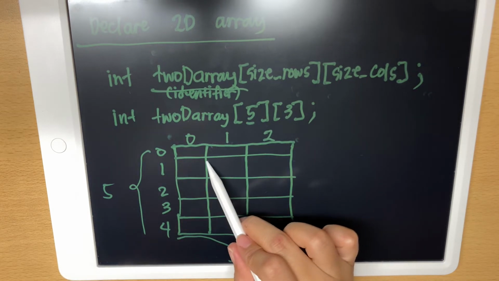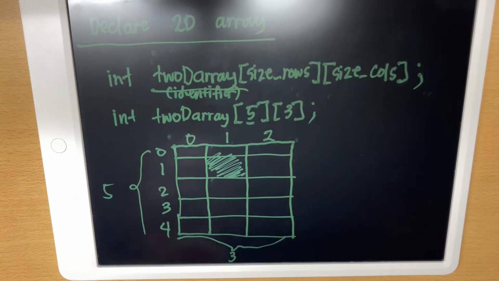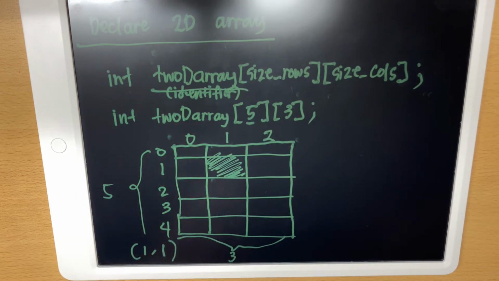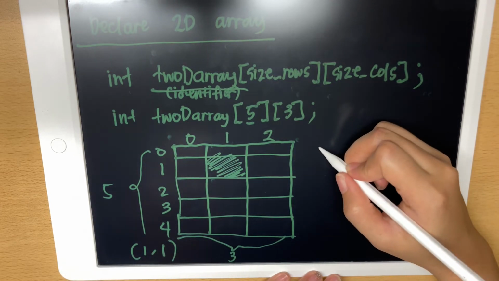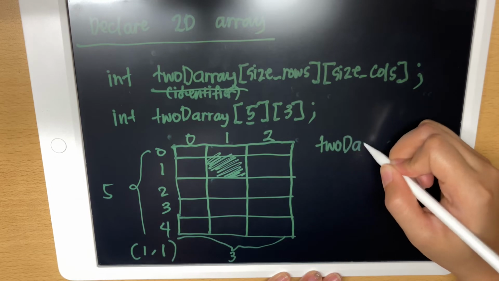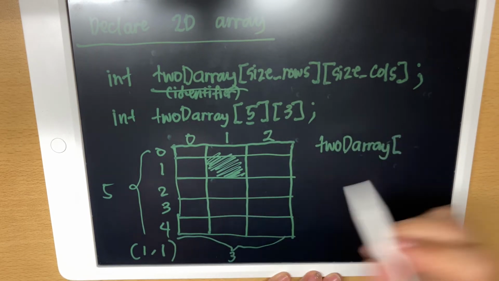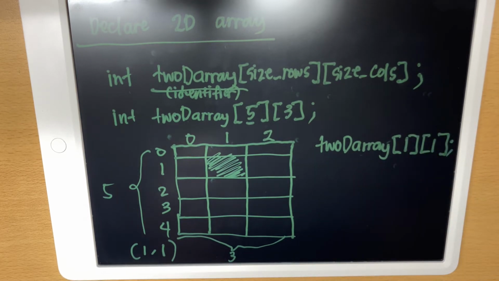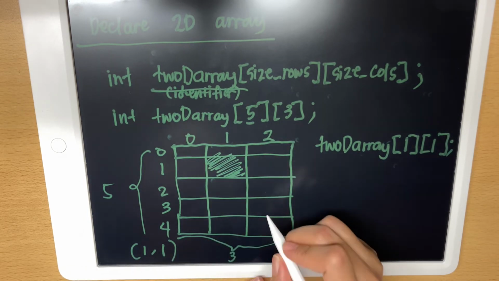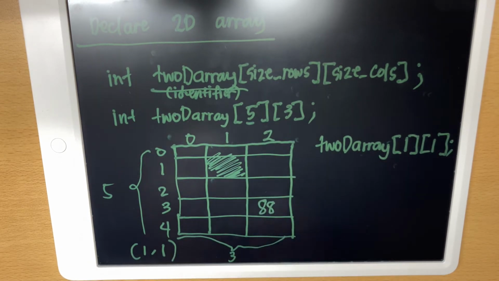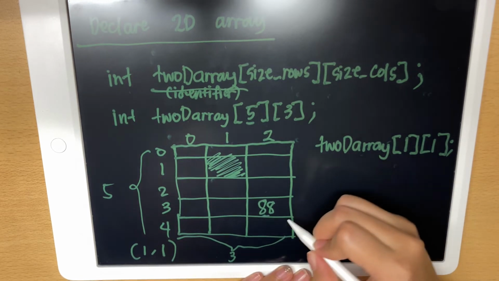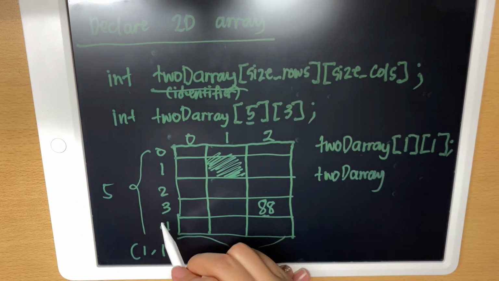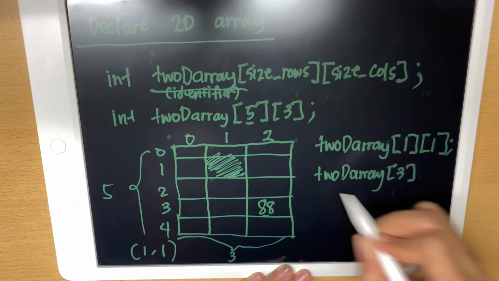And to locate this data here, that would be at index 1, 1. Or we can say the 2D array at index 1, 1. And let's just say in this array we have 88 here, wherein the 88 location would be the 2D array at index 3, 2.